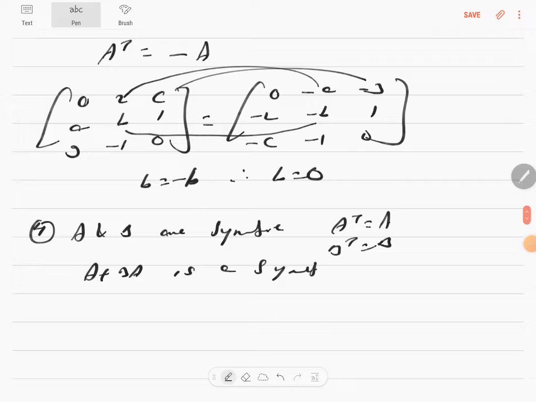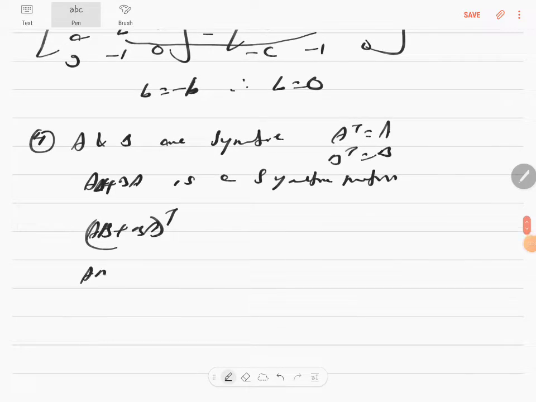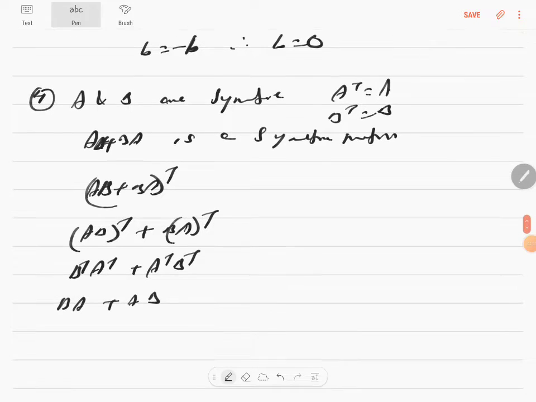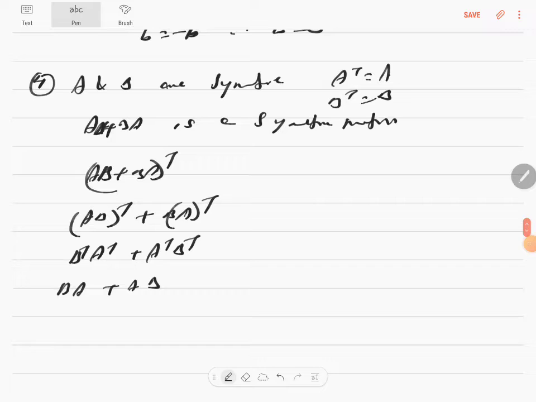Just take AB plus BA whole transpose, which is AB the whole transpose plus BA the whole transpose, which will be B transpose into A transpose plus A transpose into B transpose, which itself is BA plus AB. So you transposed, you got back the original. So therefore that's it.